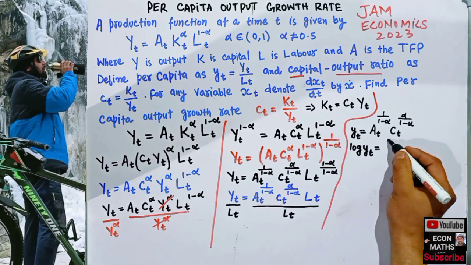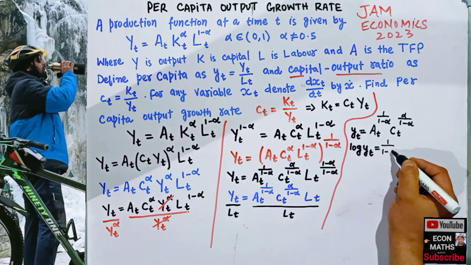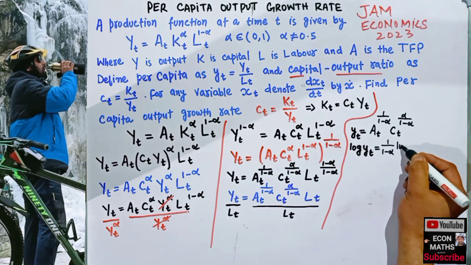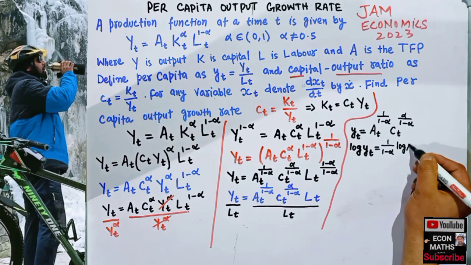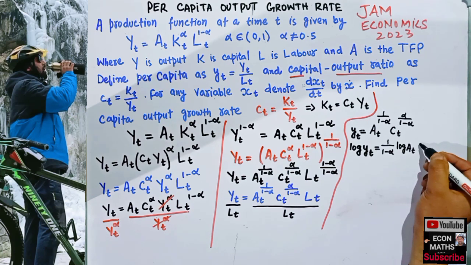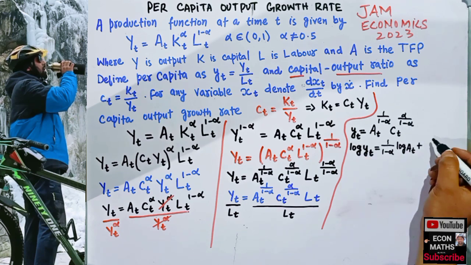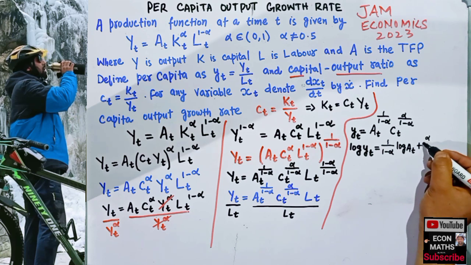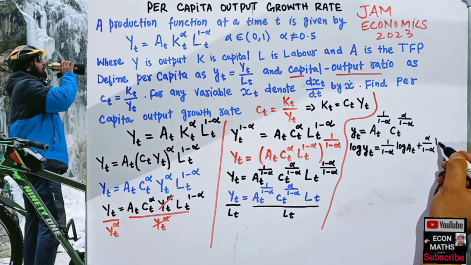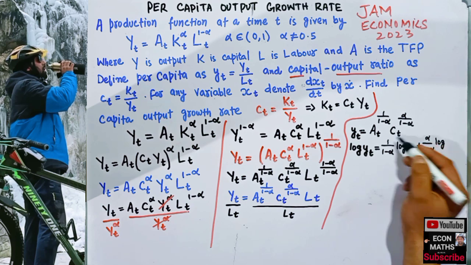So we will get 1 divided by 1 minus alpha log of A_t, plus, I know you know these basic logarithm rules, again this will become the coefficient, that is alpha divided by 1 minus alpha, and we have log of C_t.